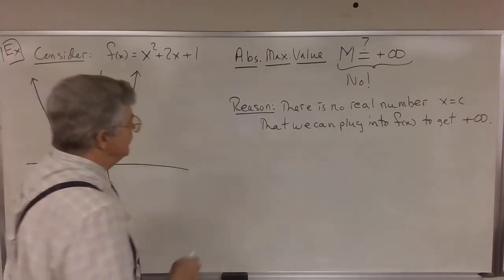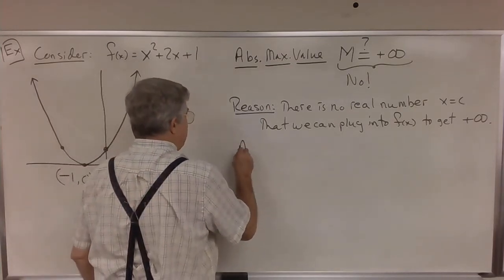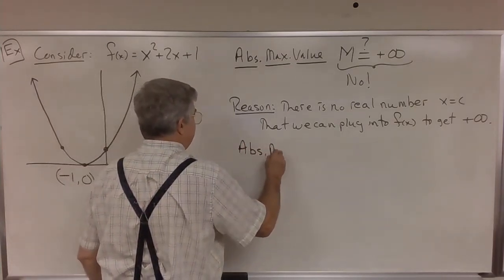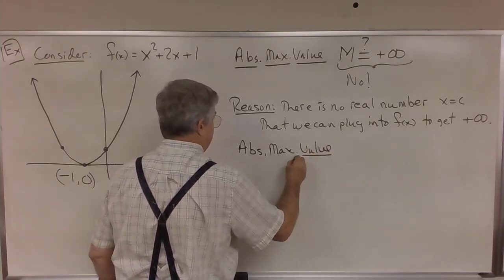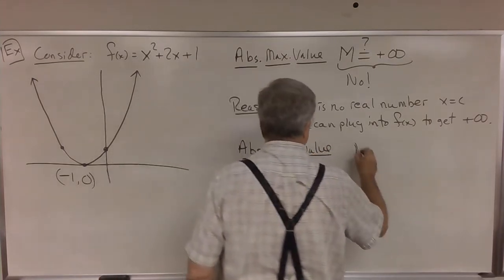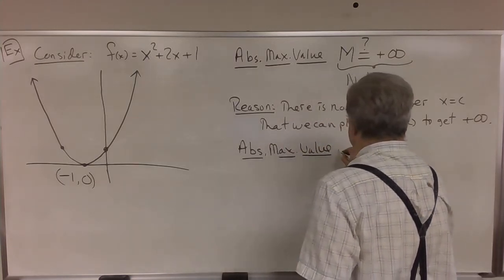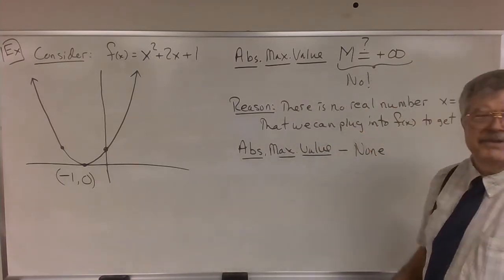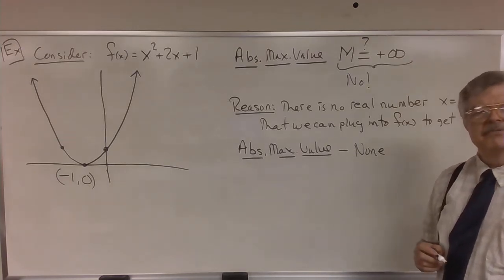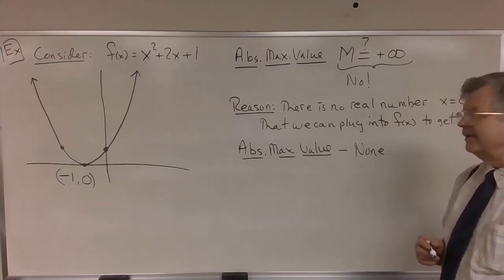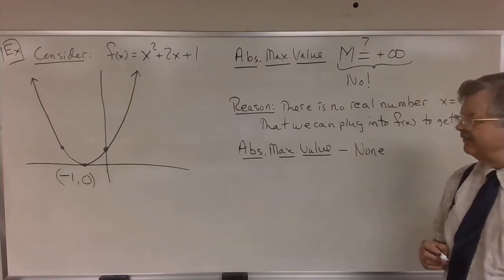So absolute maximum value: there is none. Yikes. This is the second example in a row where we've had no absolute maximum value.